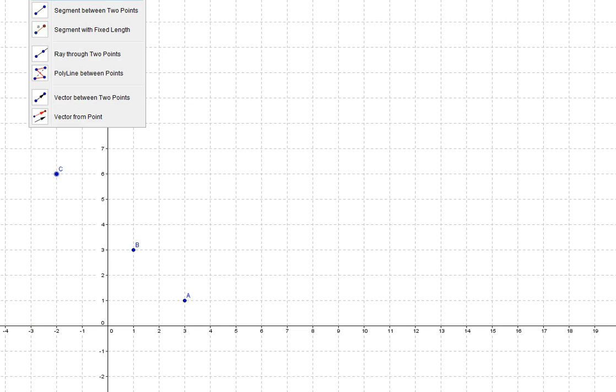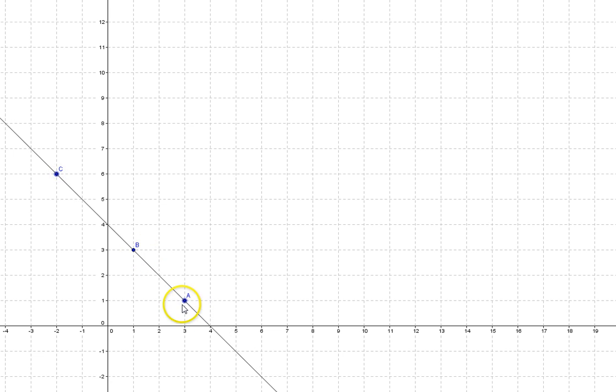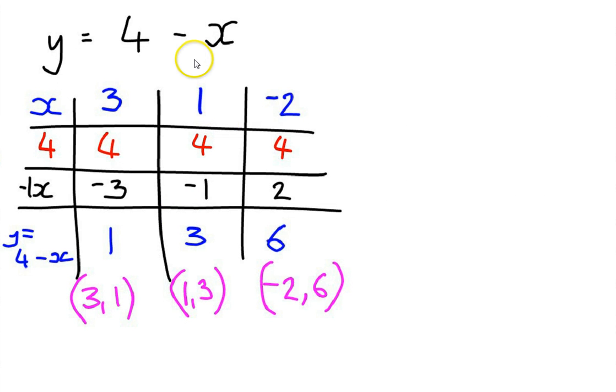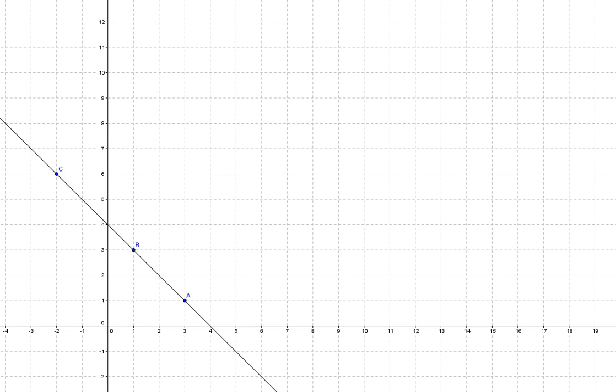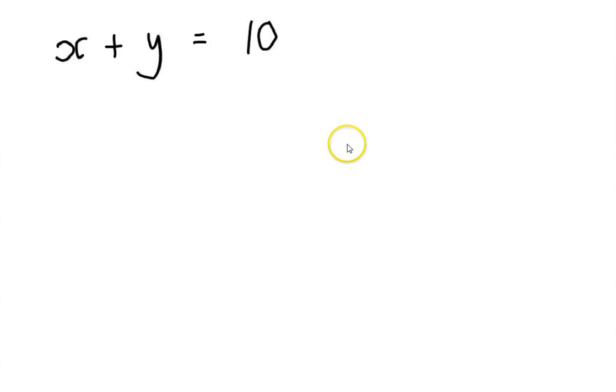Once again, if we've done this right, all 3 coordinates should join up just like this. And because, remember, it was a negative x, this is why the straight line graph slopes down the way like this.